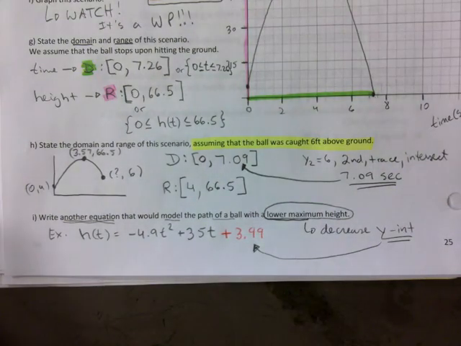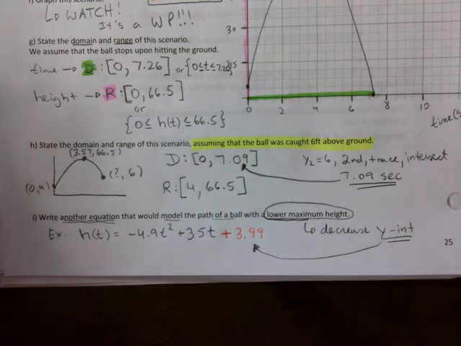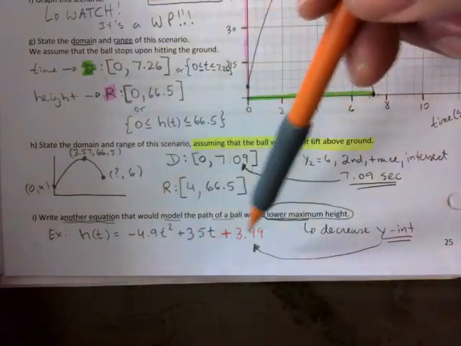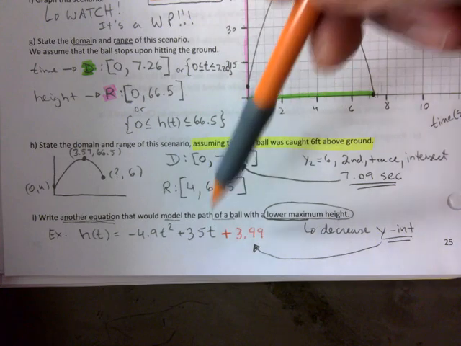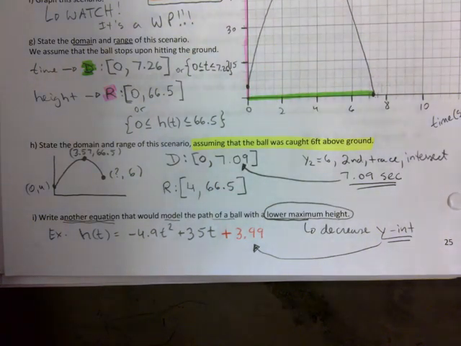If you're ever not sure if your equation meets the criteria, enter it into y2, graph them both. And if you can clearly tell that yours is lower than the previous one, you're going to get the mark, right? So it is possible to achieve this by changing A and B as well. But I think this is just the easiest way to do that.